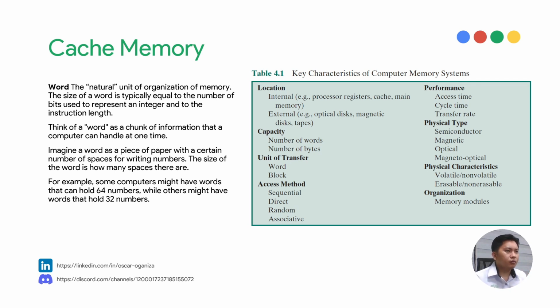So here are some of the key characteristics of computer systems: the location, the capacity, the unit of transfer, the method of accessing, the performance, the physical type, physical characteristics, and organization.